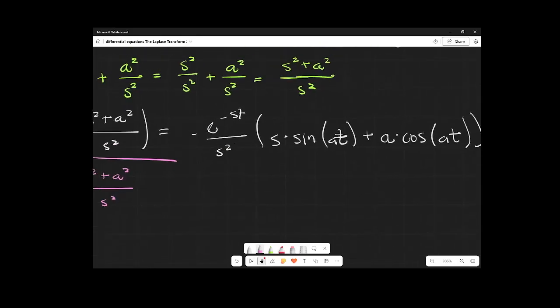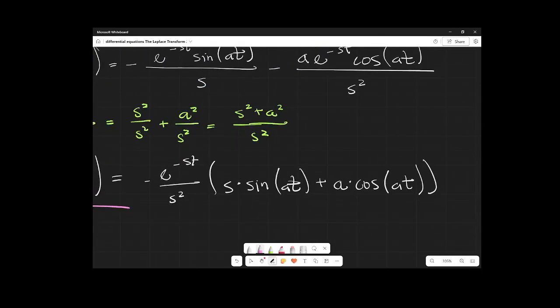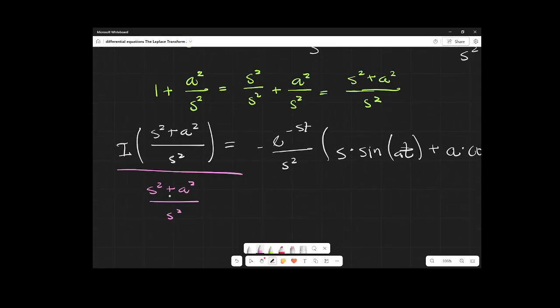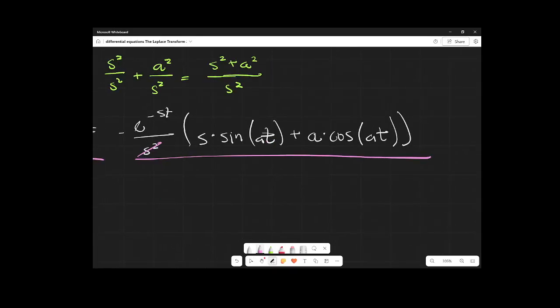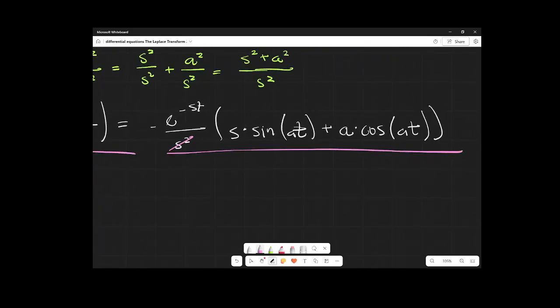And really what that does is it's just like multiplying this whole thing by the reciprocal of this, right? Which actually looks like it just gets rid of this s squared. And then this part is going to go on the bottom: s squared plus a squared.